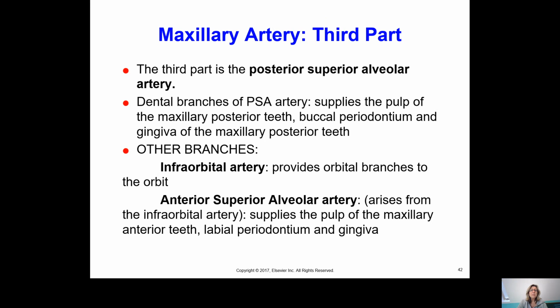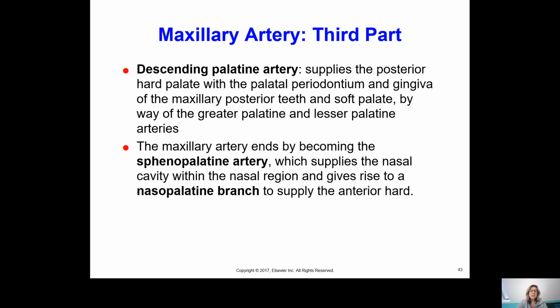The third part includes the posterior superior alveolar artery. The dental branches of the PSA artery supply the pulp of the maxillary posterior teeth, and the buccal periodontium and gingiva of the maxillary posterior teeth. So off of that branch the infraorbital artery, the anterior superior alveolar, the descending palatine artery, the sphenopalatine artery, and the nasopalatine.